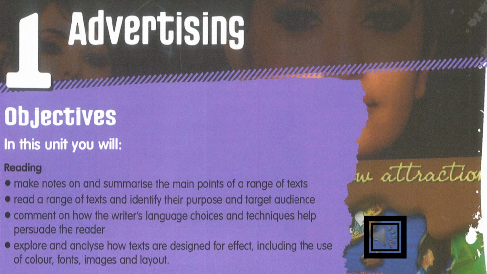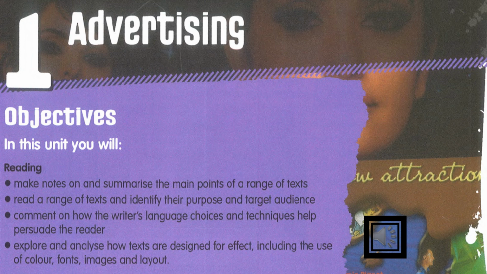To persuade means to get someone to do something that normally he would not want to do. That's persuasion. So they want you to comment on the way the writer was choosing his language and the techniques that the writer uses to persuade the reader.